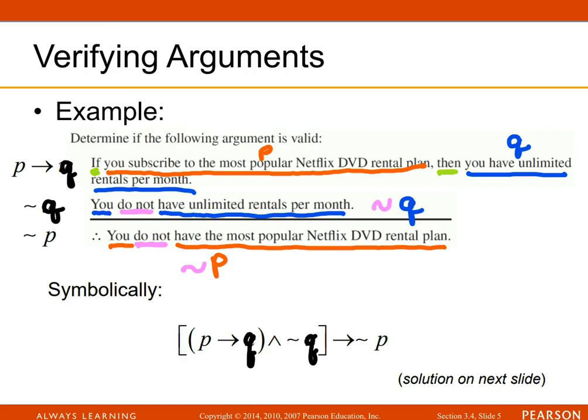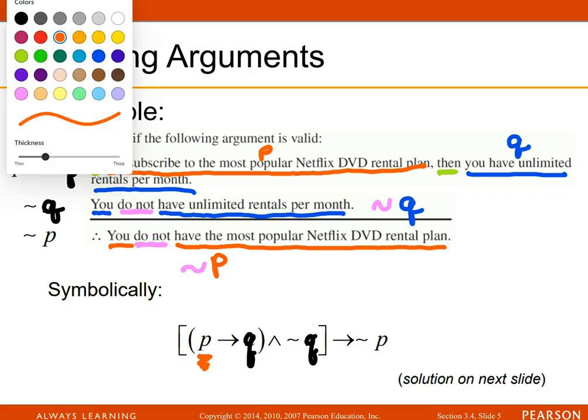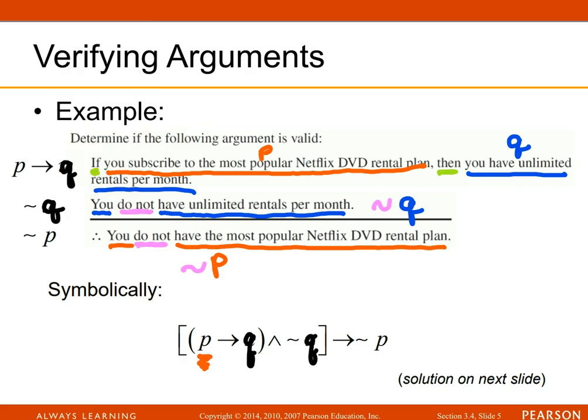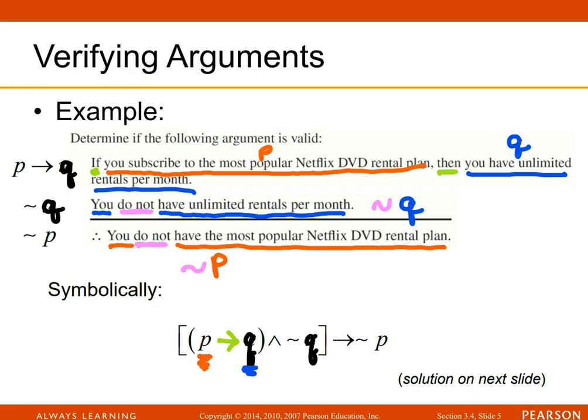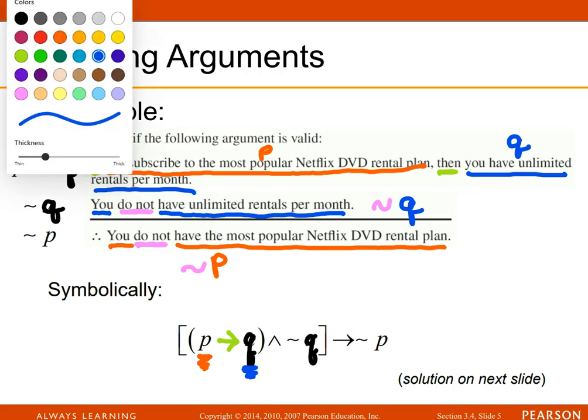So when I'm looking at this, I see, okay, if P, here is the if then arrow, so it's if P, then Q. And remember, you always connect these with an and.